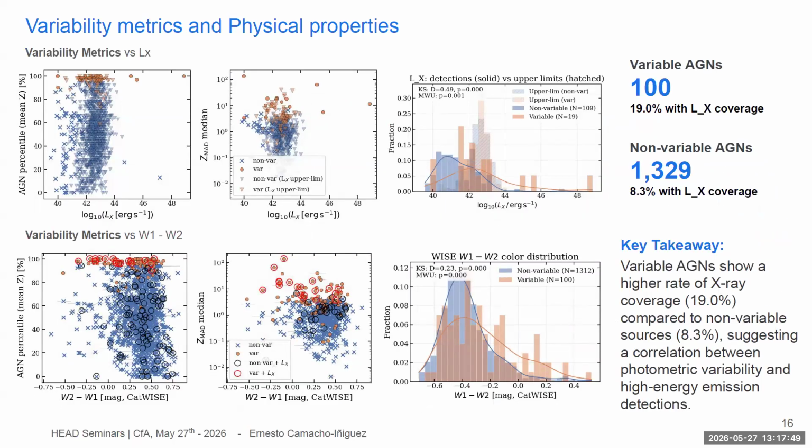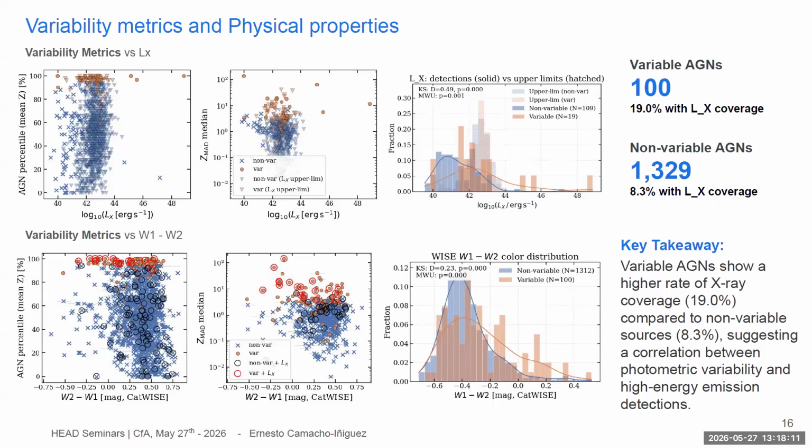So if we compare the same variability metrics, but this time with X-ray detections, and we also compare with mid-infrared colors from WISE, we can see three things. One, that the X-ray detections are present for more luminous sources compared to the non-variable subset.